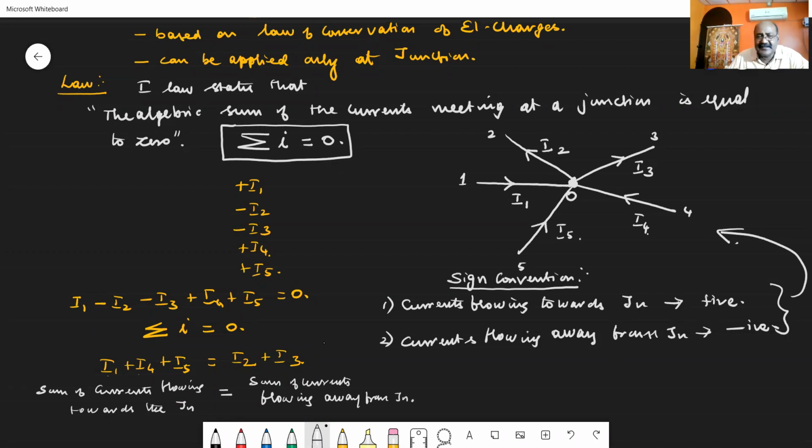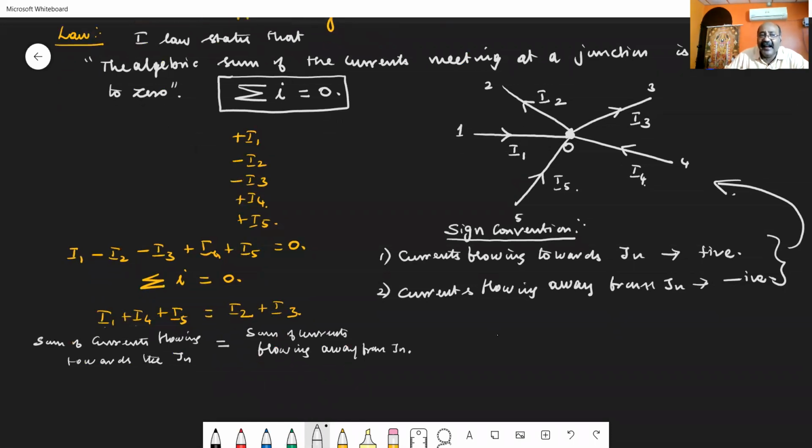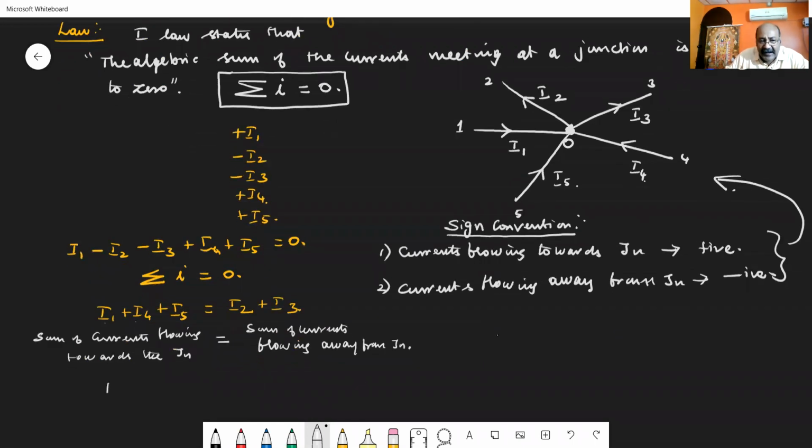So based on this, Kirchhoff's first law can be stated in another form of definition.